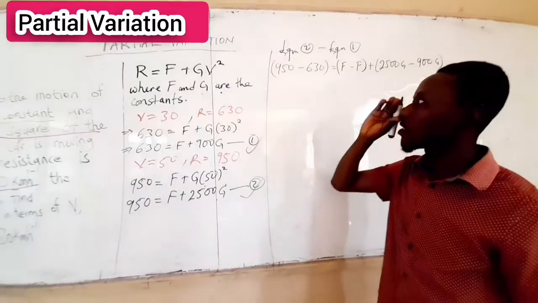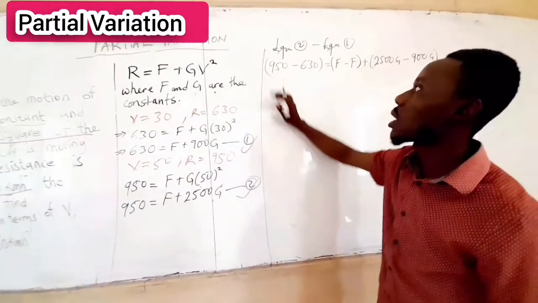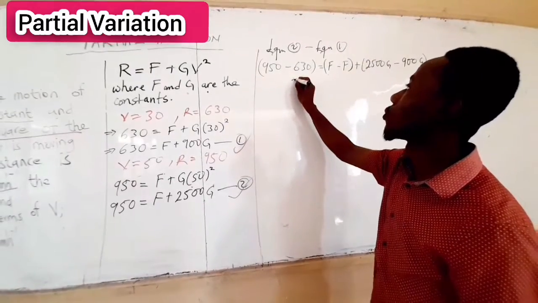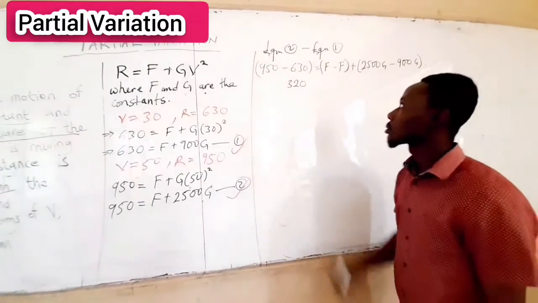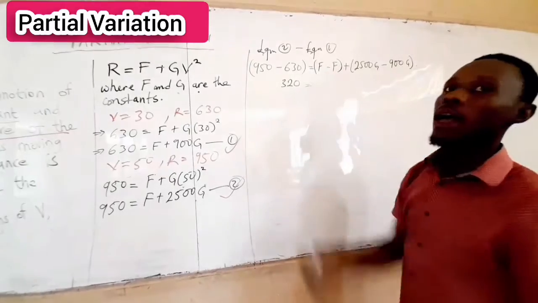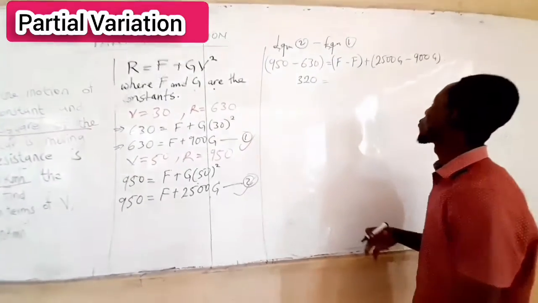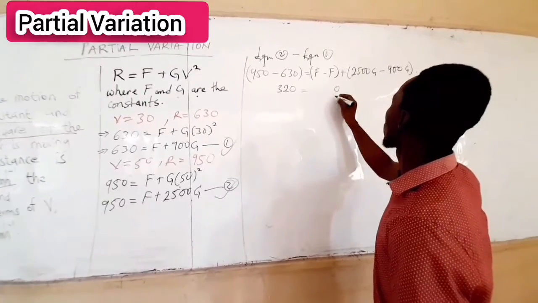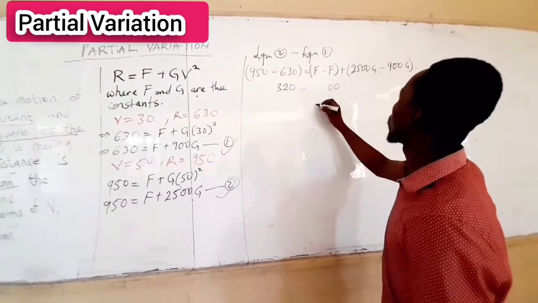So when we subtract this one from that, we get 320. Then F minus F, 0. When we also come here, we subtract, we get 0, and this one we get what?